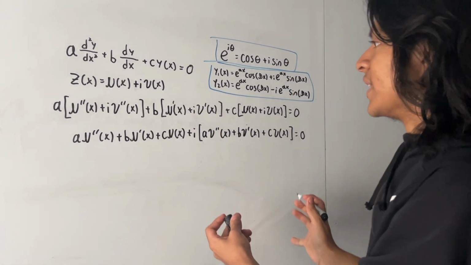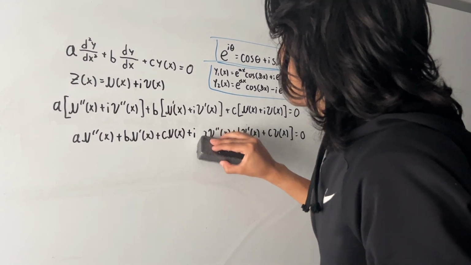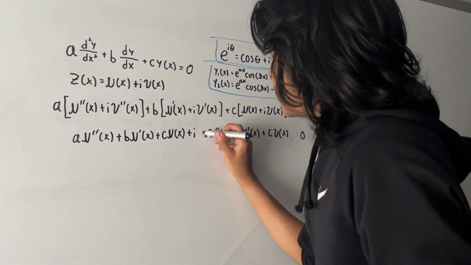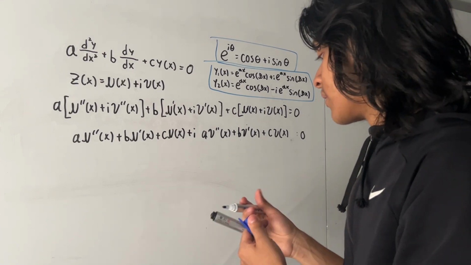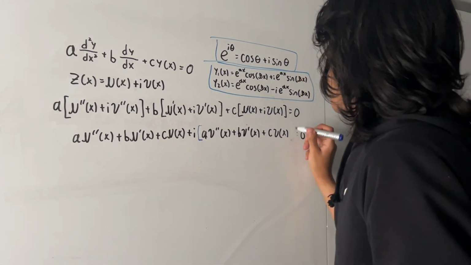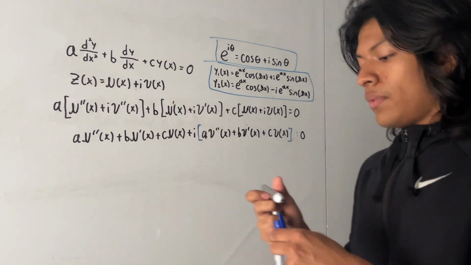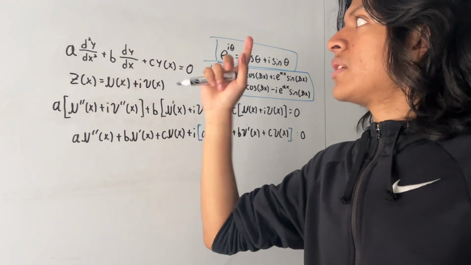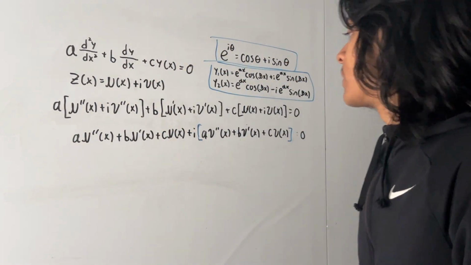Okay, now we have this. And just to make it more clear, I'm just gonna make it so that we see the parentheses. Now, remember, we said that z of x is a solution for this differential equation.